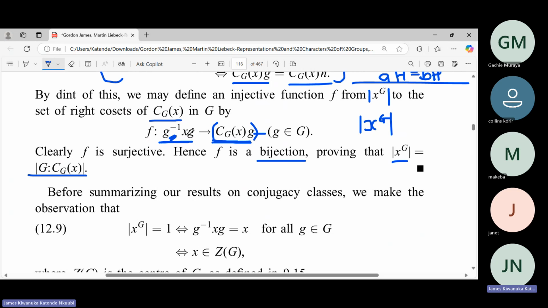Since this function is bijective, the number of elements in the two sets will be equal. The number of elements here is just the number of distinct right cosets, which is the index of the centralizer in G.